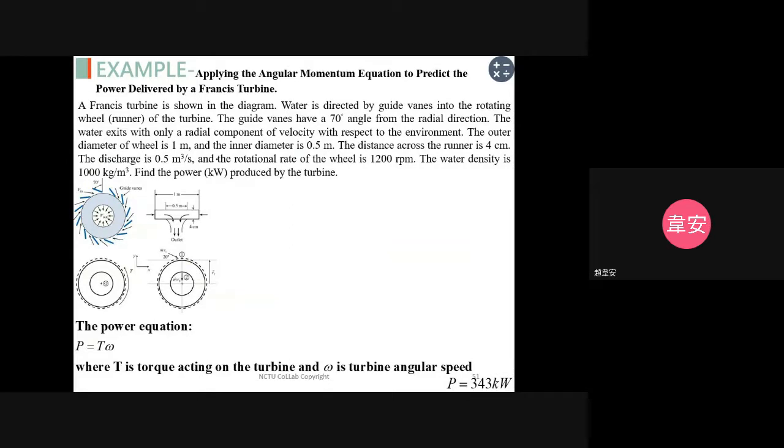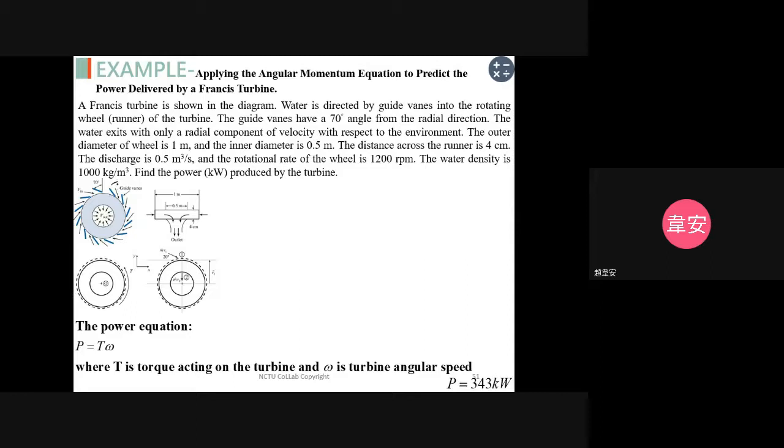You see that we consider this is the Francis turbine, and we have a diagram shown here, and the water is directed by the guide vanes. What are the guide vanes?